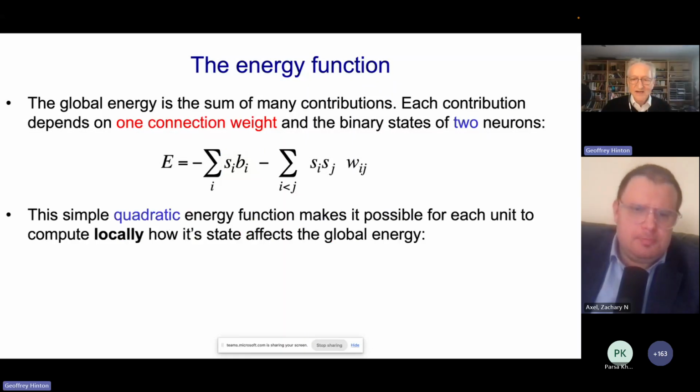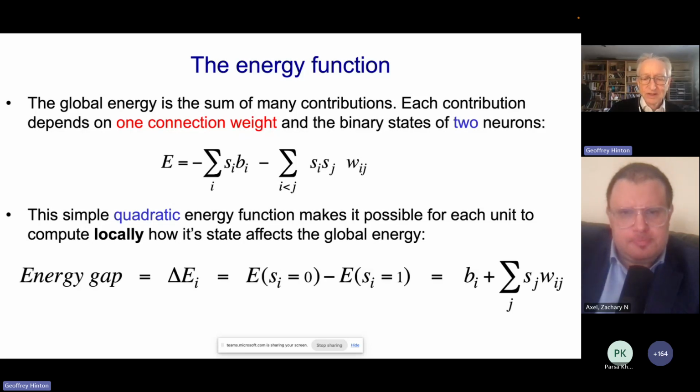So this quadratic energy function makes it possible for each neuron to know how its state contributes to the global energy. For neuron i, there's what I call an energy gap: given the states of all the other neurons, it's the energy of the whole network if you turn neuron i off, minus the energy of the whole network if you turn neuron i on. It's how the energy changes as you change the state of the neuron.